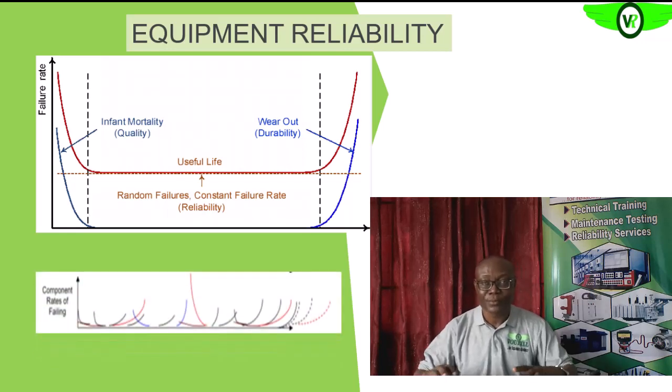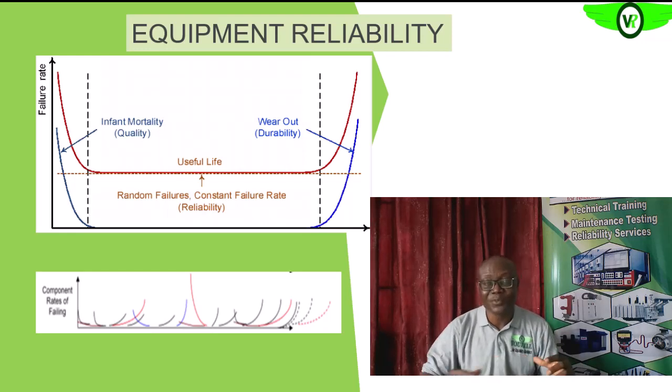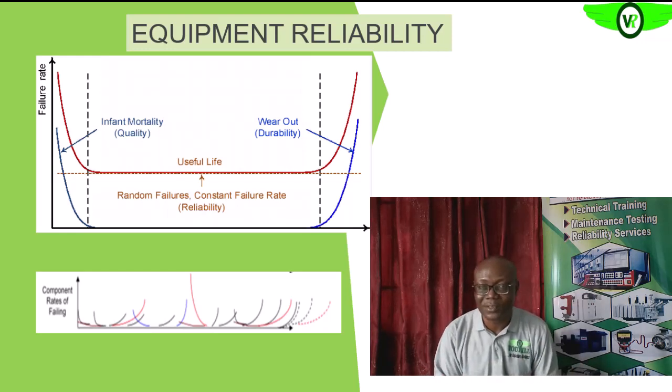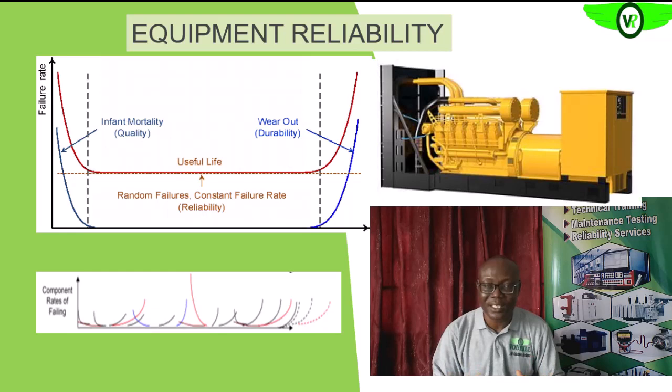But remember, that particular asset is made up of different components. If you take your diesel engine as an example, you discover that the diesel engine has different components. We have the crankshaft, we have the connecting rod. Between the connecting rod and the crankshaft, we have the metal bearings.